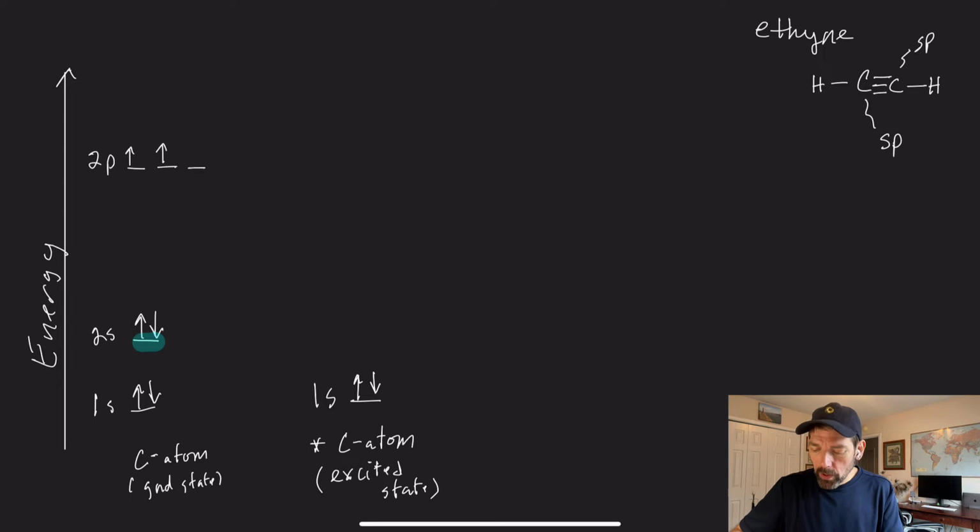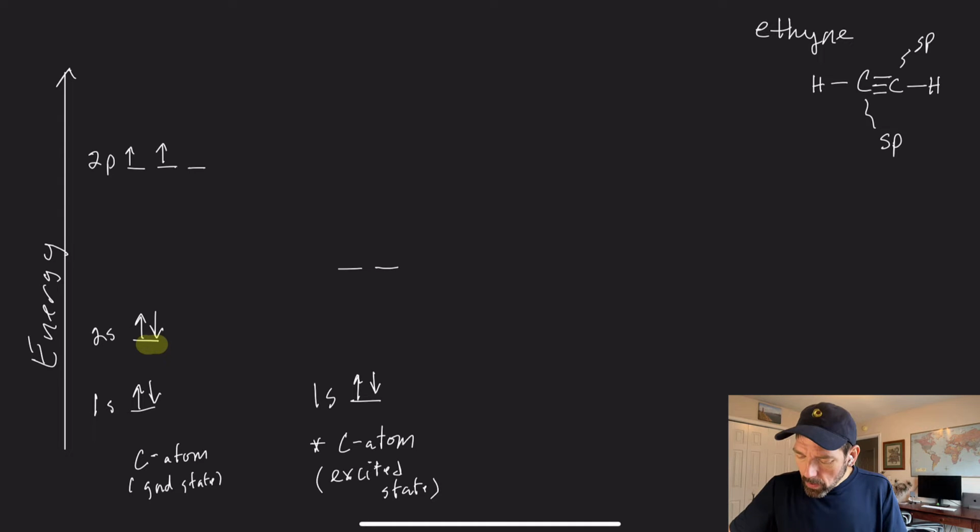I'll be consistent, I've been using yellow for that first one, so I will do that. The s comes up, and there's 1 s and 1 p. So there are 2 hybridized orbitals, and half of it is s and half of it is p. That's really kind of 50-50. So I'm going to come halfway between the s and the p here, and that's where I'm going to draw it. I'm going to draw 1, 2 spaces.